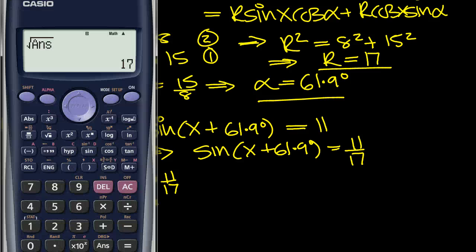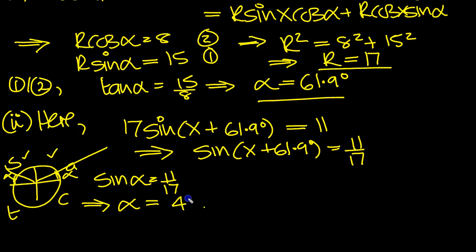Shift sine 11 divided by 17 gives 40.32 degrees, to 2 dp. There's alpha.